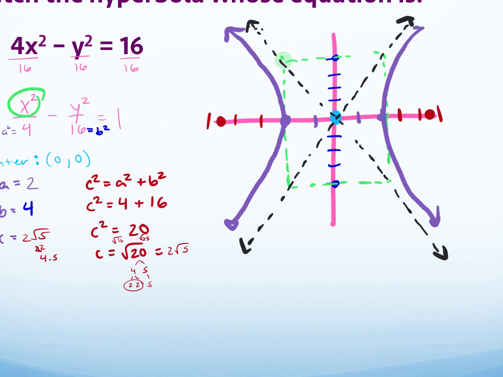So they cross at the vertices, get really, really close to the asymptotes, but don't cross. Any questions here? Good with this one?